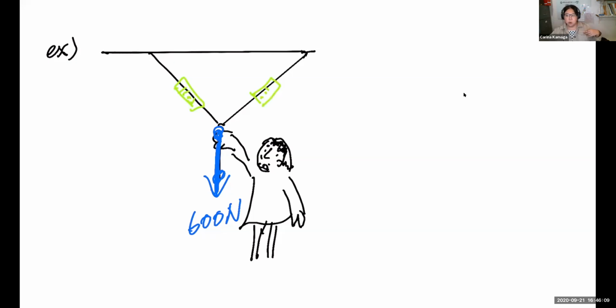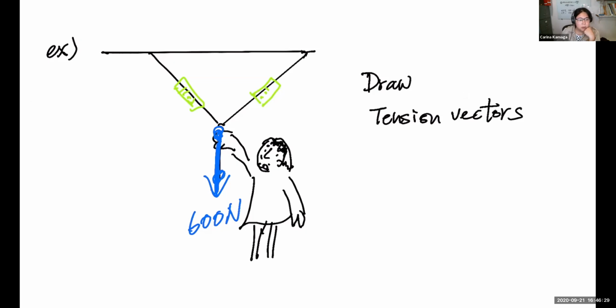So in between this rope, there is this kind of a scale to measure. Can you draw the tension vectors for each of the ropes? How to find that?